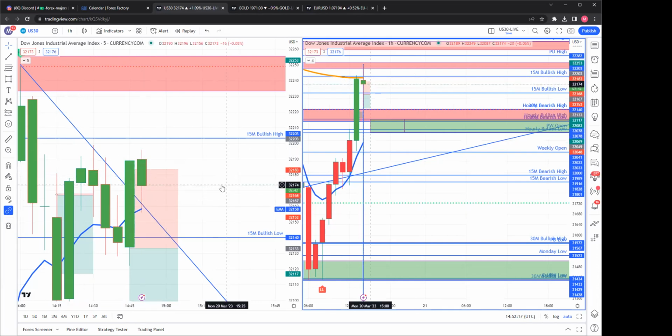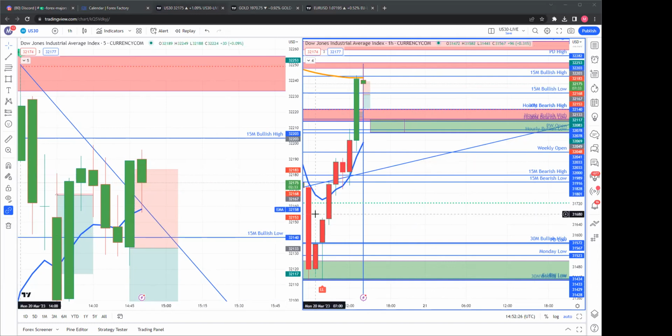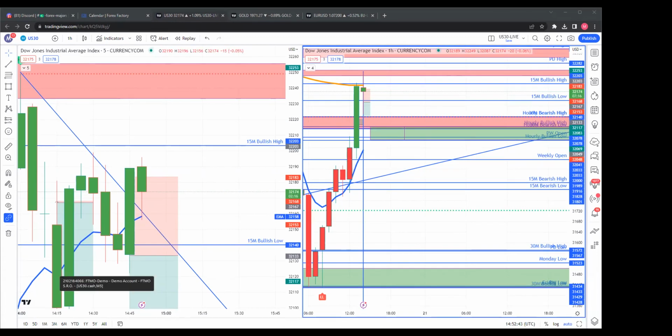And I can see a trend to the upside even on my MT4. Let's see. Yeah, so I see a trend to the upside on my MT4.